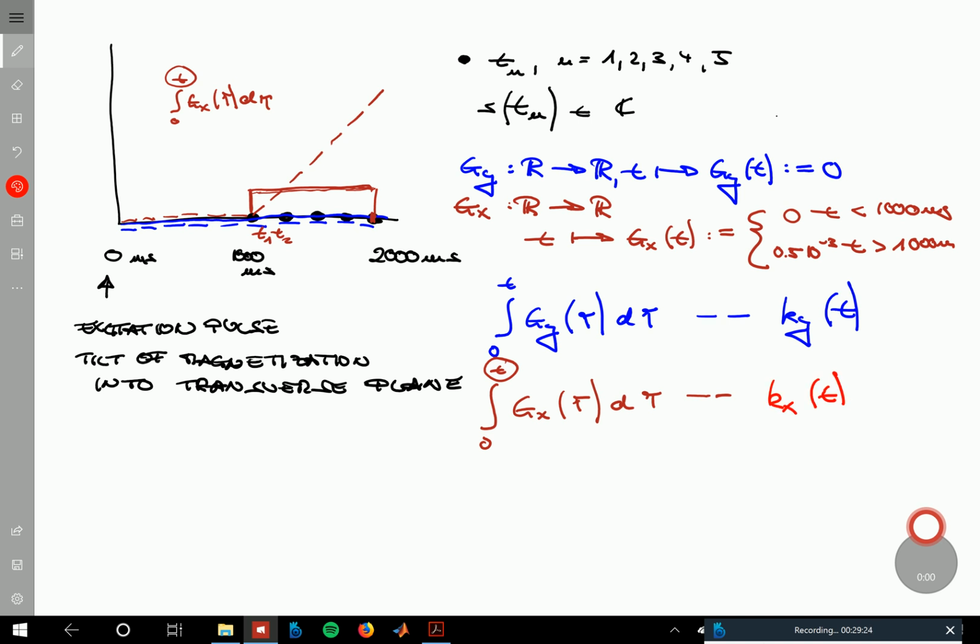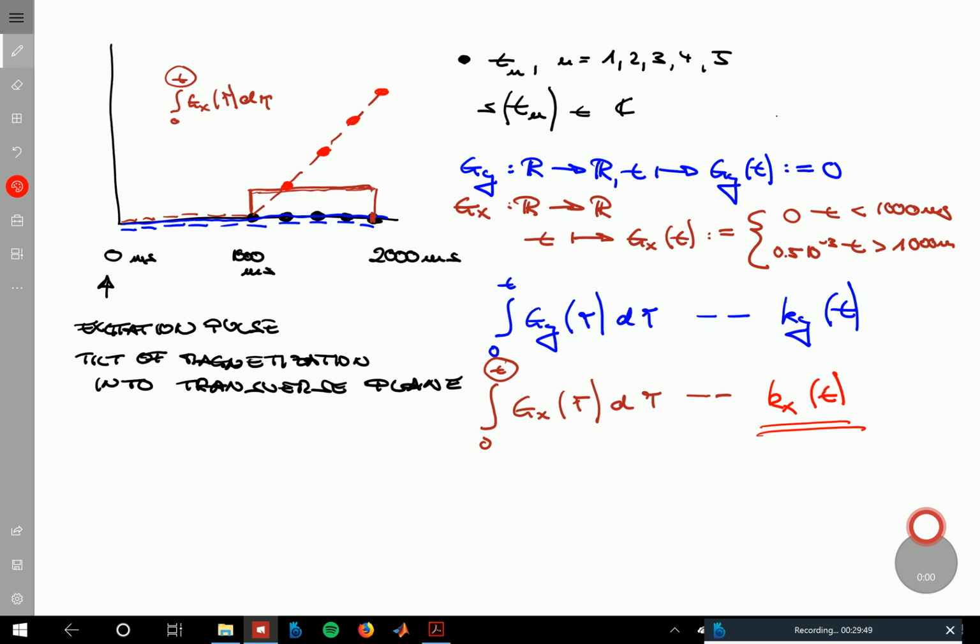One important thing here is that when the MR signal is acquired, at these black dots, the time integral and hence this Fourier parameter kx(t) is different. At the first black dot it's 0, then it's here, then here, then here, and then here.